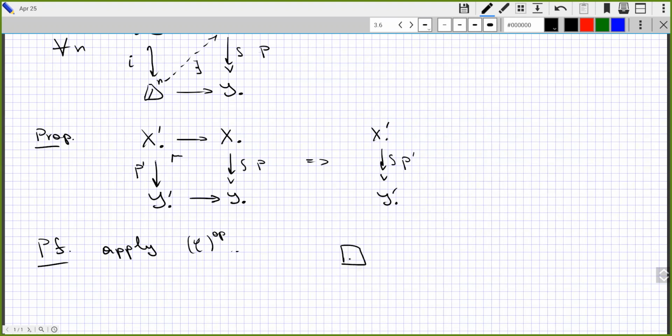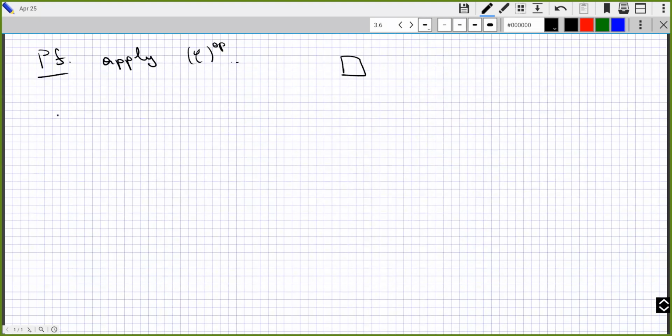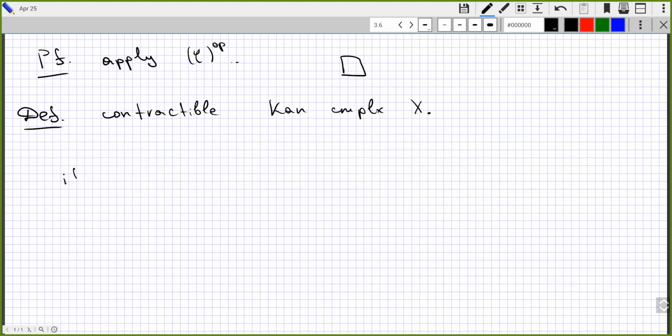Okay. And as a definition, well, a complex is called contractible if such a diagram holds, and here you got a point.